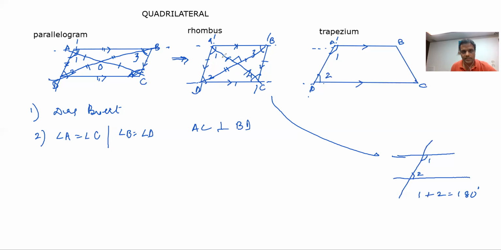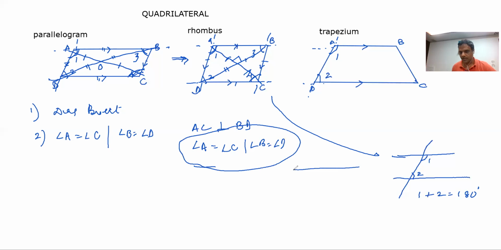Rest all remain the same. Opposite angles are equal in this case also. Angle A is equal to angle C and angle B is equal to angle D. And all these relationships can be proved by simple two parallel lines and the traversal line.